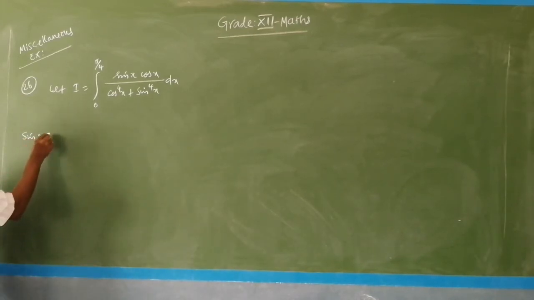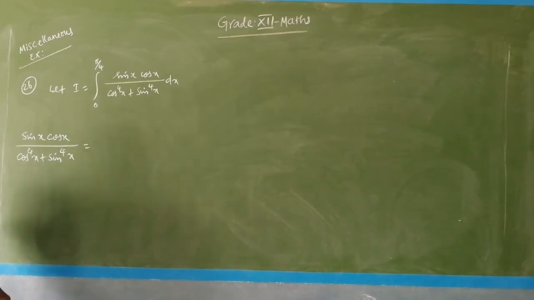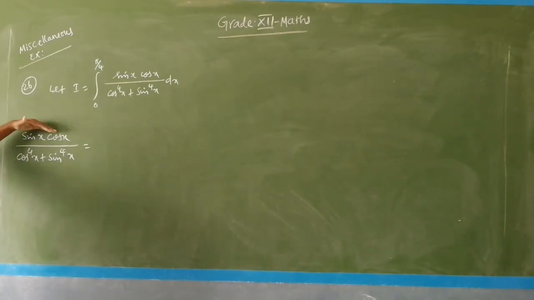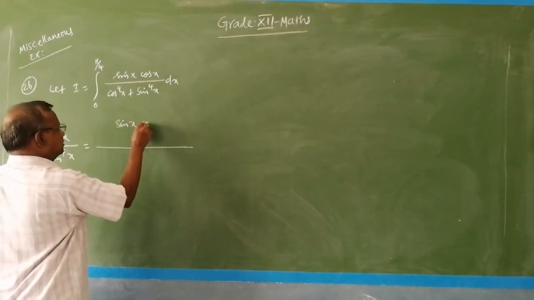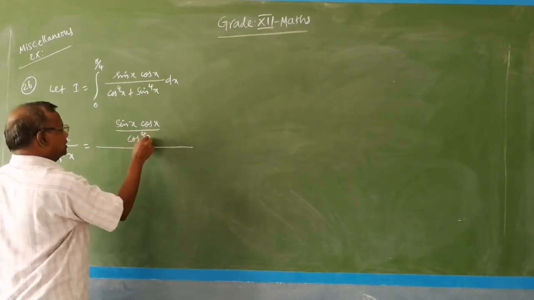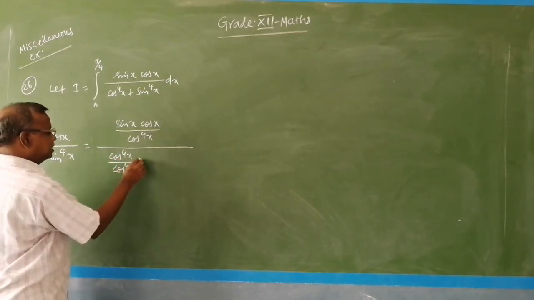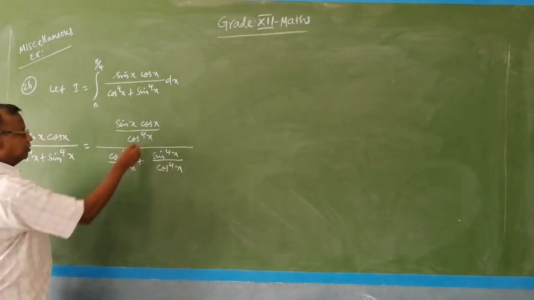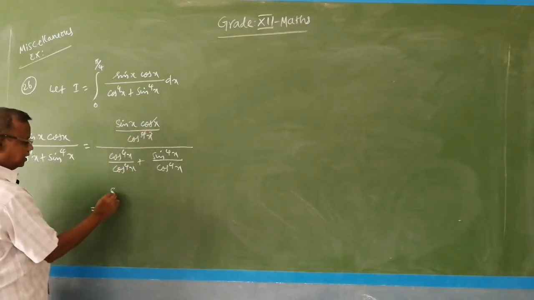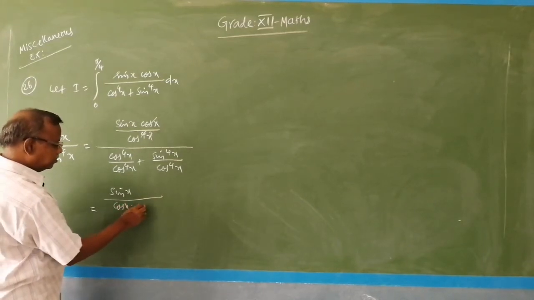Sin x into cos x divided by cos power 4x plus sin power 4x can be simplified like this: divide the numerator and the denominator by cos power 4x. This can be written as sin x divided by cos x into cos square x.